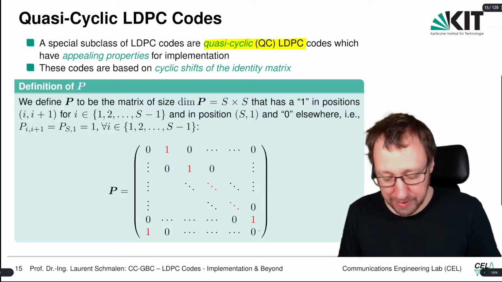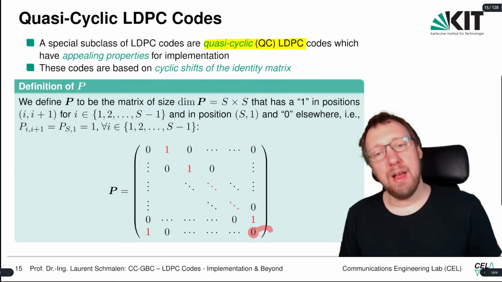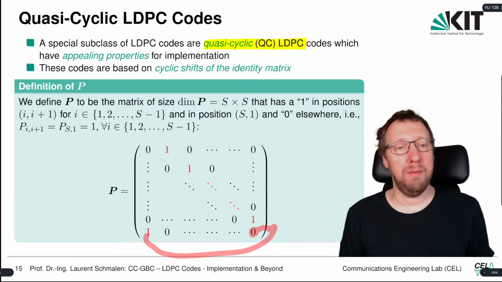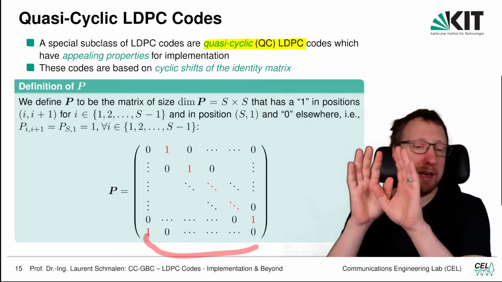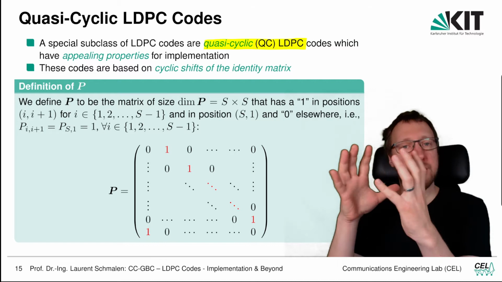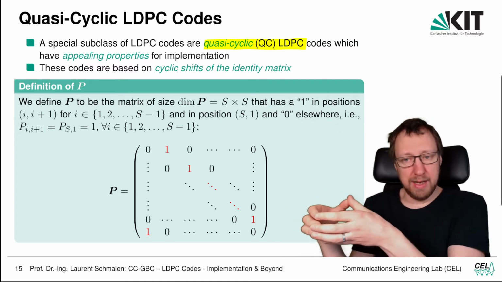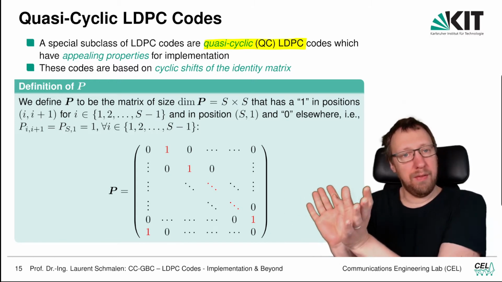In the last row, the 1 would move to the right, but we cyclically shift the matrix, so it moves to the first column. You can think of this as wrapping the matrix around a cylinder, rotating the cylinder by one position, and then unwrapping the cylinder again.